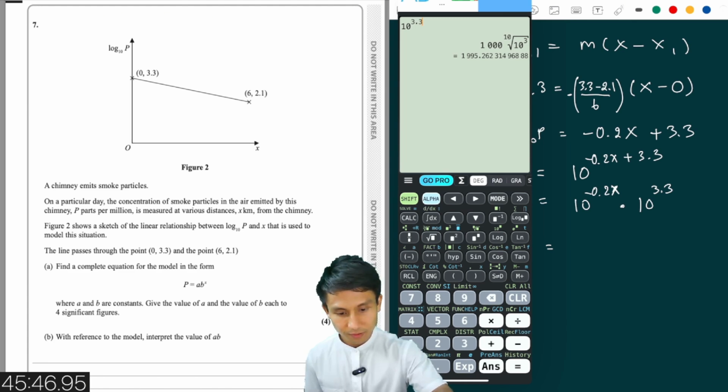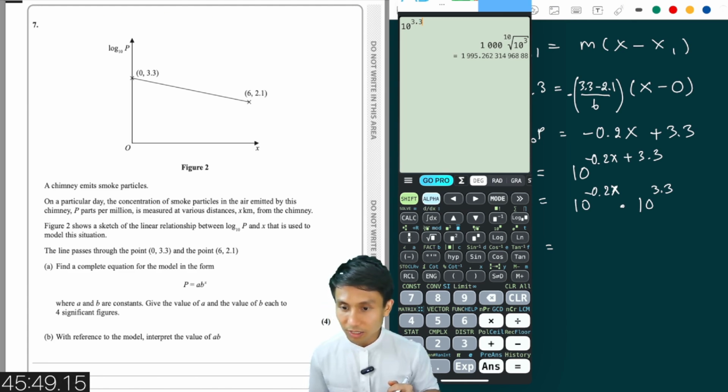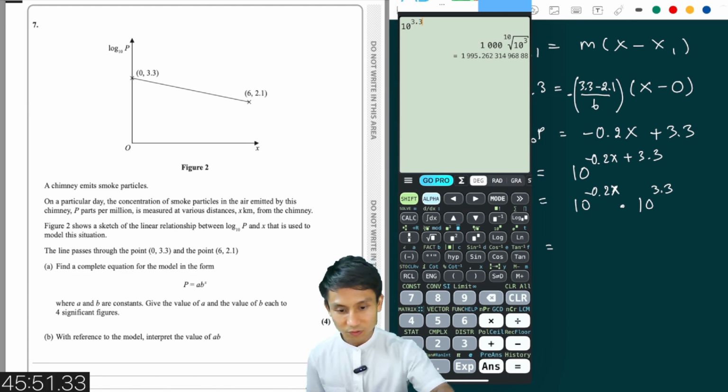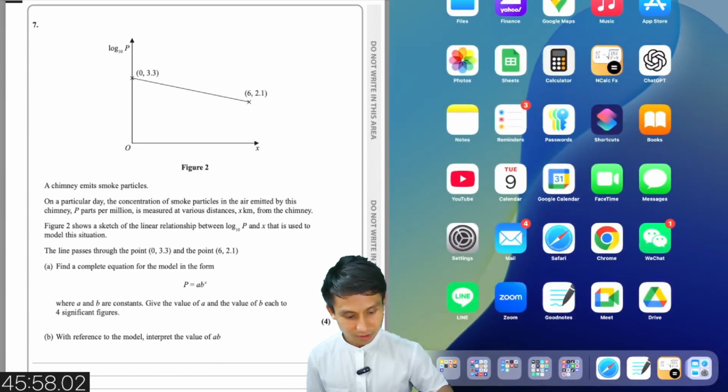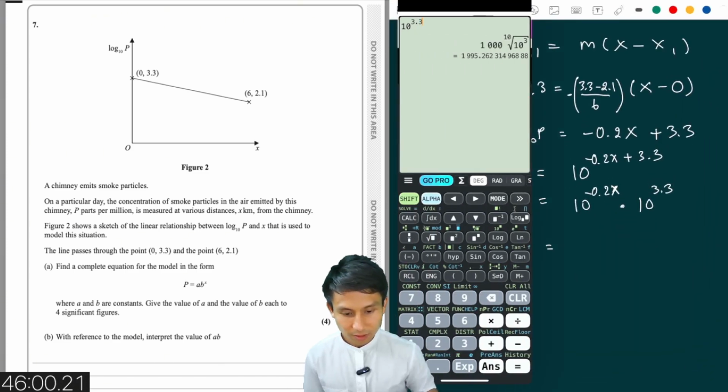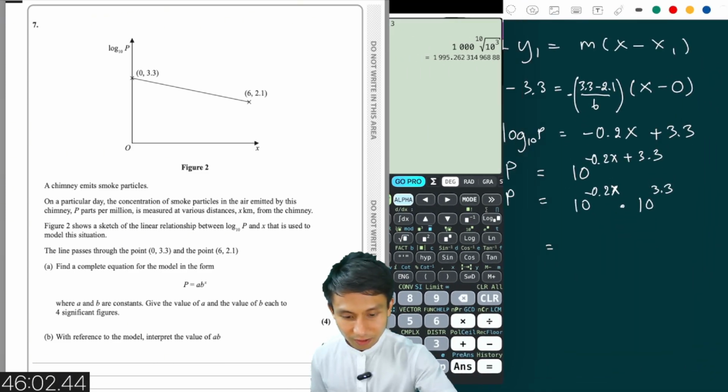is, okay, so a and b are constant, give a and b each to 4 significant figures. So 10 to the 3.3 is, oh, sorry, what's that? Okay, 1995. All right.